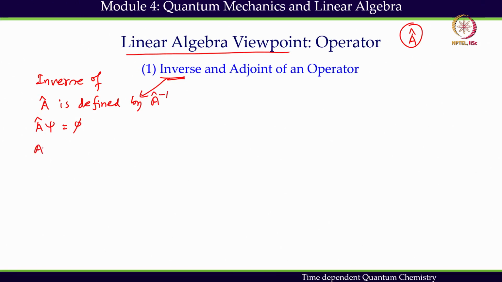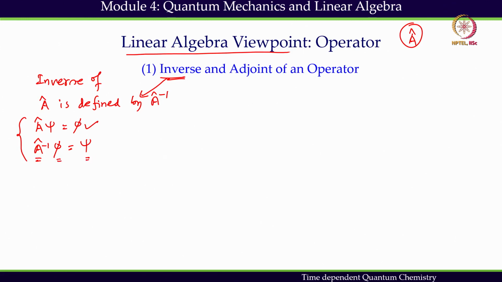In that case, the inverse of A acting on phi gives me psi. This is more like a reversible process. From this point of view, quantum mechanics is reversible. If this operator is acting on psi and giving me phi, then the inverse of this operator can act on phi and I can get psi.